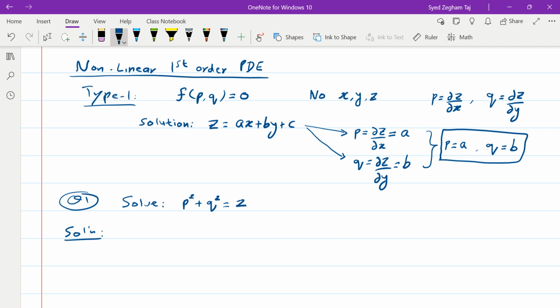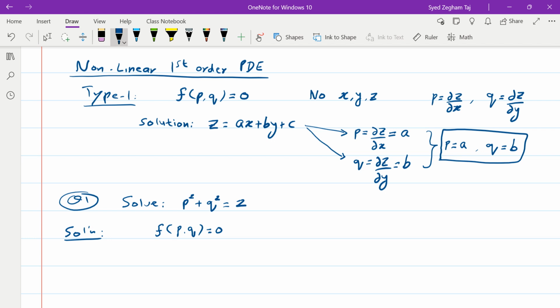If you observe here, it is very easy to identify that this equation is of type 1, which we have discussed just now, because in this equation I am seeing only p and q. So this is of our first type.